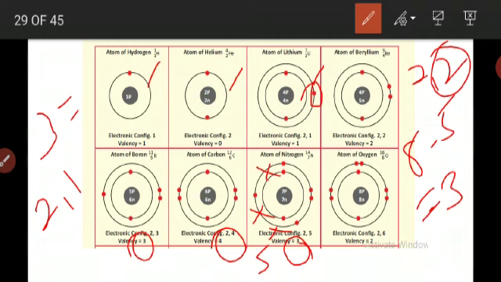So here only 5 electrons are present. It needs 3 more electrons, right? If we add 3 electrons to the outermost shell, it attains stability. Is it clear now? That is the valency. The valency means the capacity of an electron also.